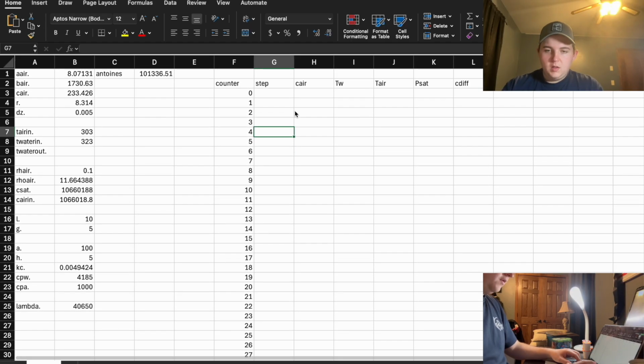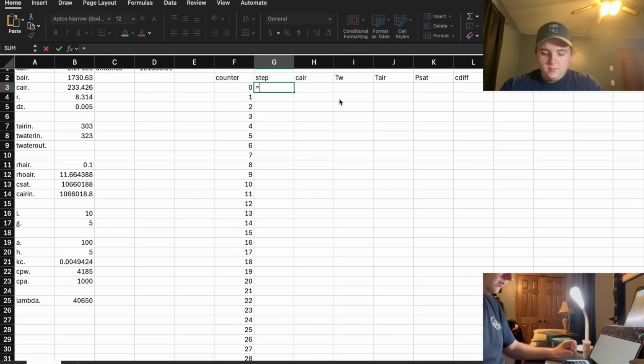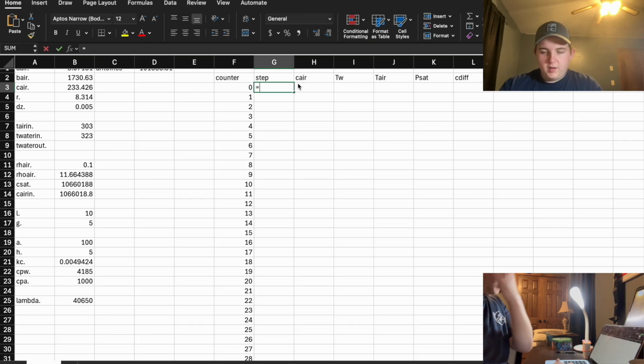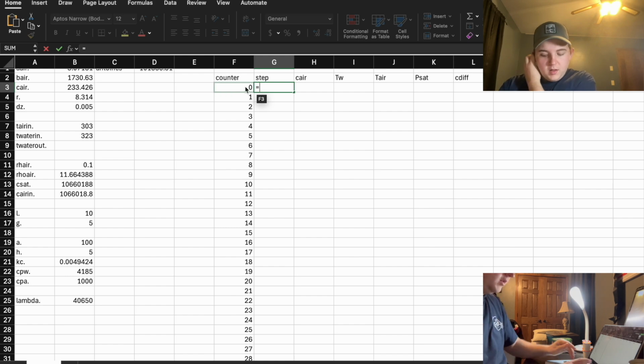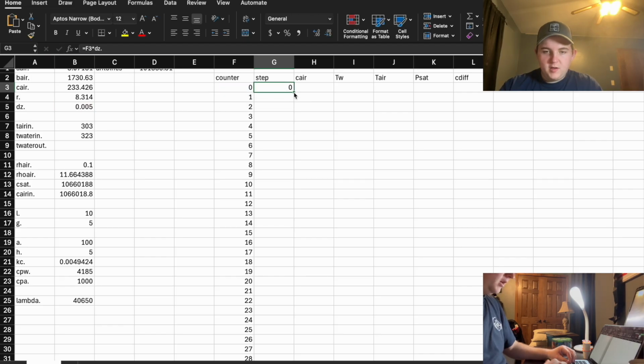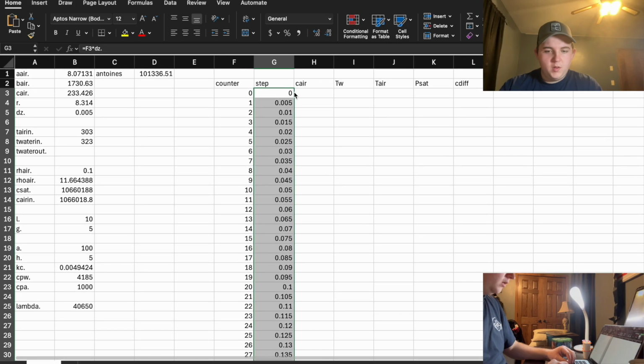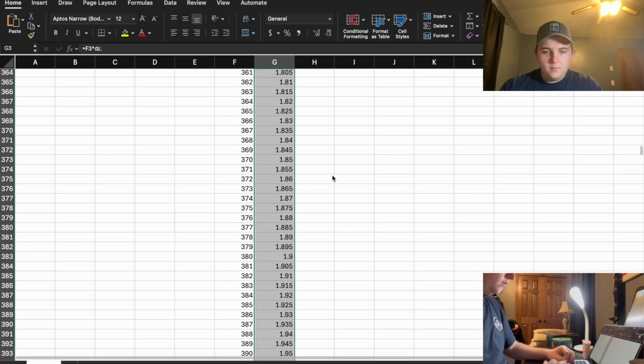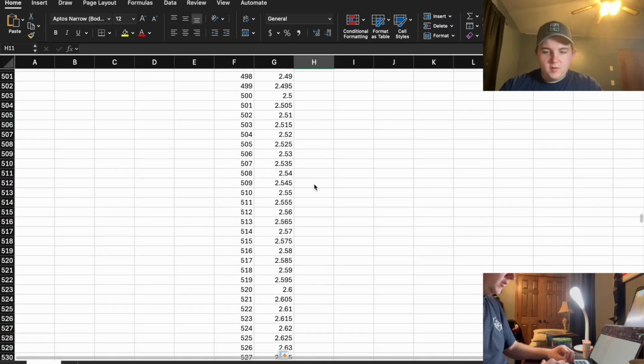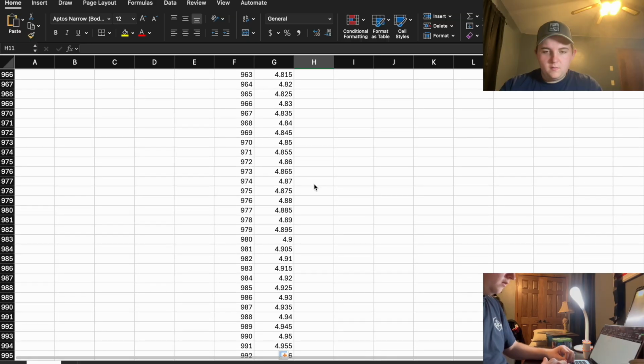And then for our step counter, it's going to be our counter times our DZ. Yeah. And then we can drag that and it should go to 5.